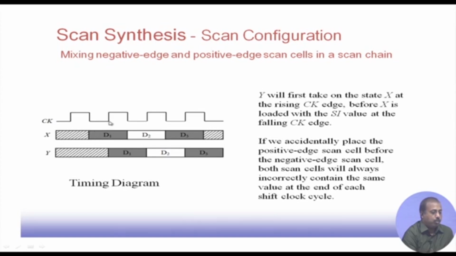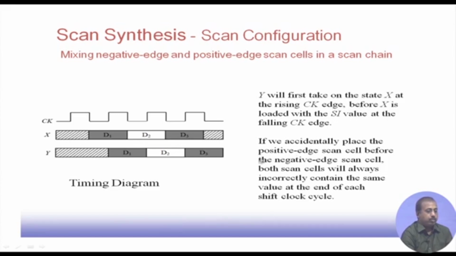Then when this clock goes high, this D1 value comes to this one. Similarly, x gets the value D2 when the clock goes low at this point, and when the clock goes high, the next flip flop gets the value of D2. So, you will take on the first x at the rising clock edge before x is loaded with the SI value at the falling clock edge.